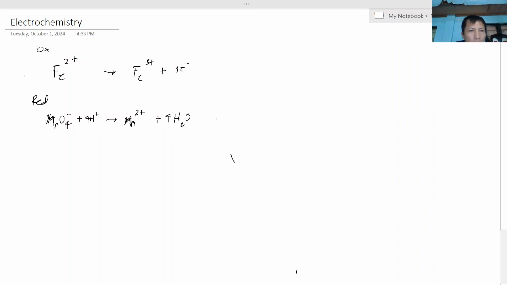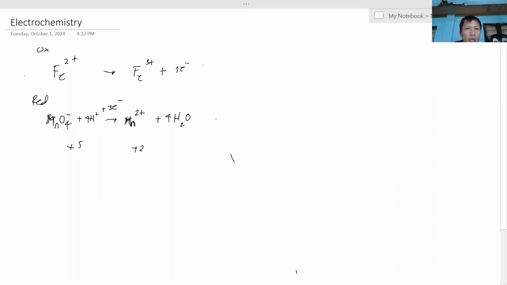So in terms of charge, this is negative 1. Again, that 1, negative 1, and then 4, you have a positive 5 here. How about this side? This side, you have a positive 2. So basically, you should put a negative 3 electron here, so that it would be balanced.